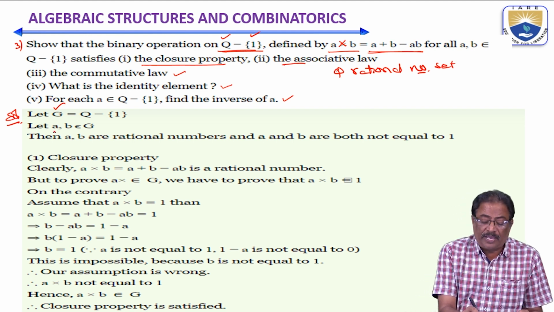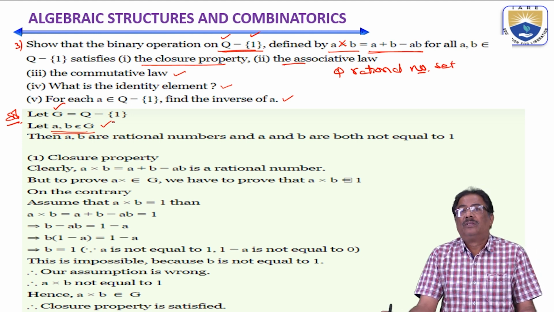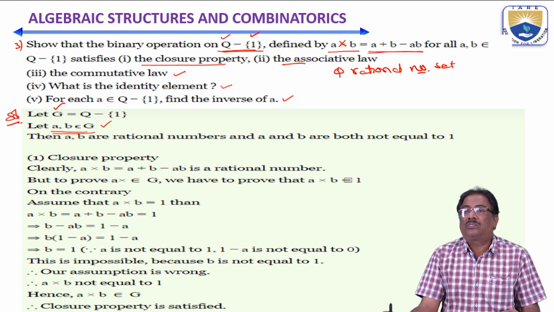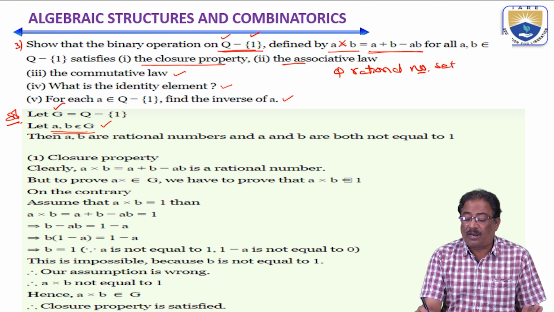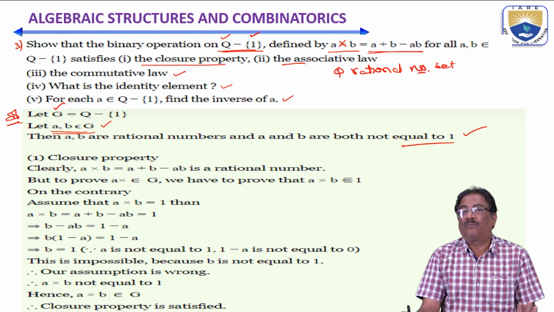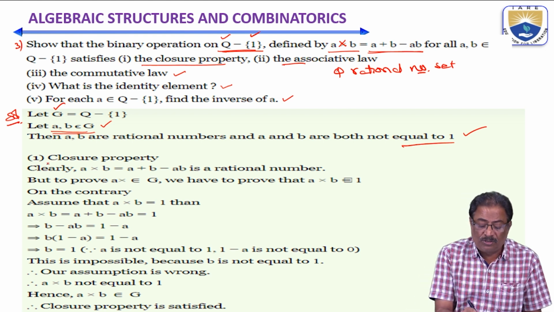Then I take a and b belonging to G, two elements. Definitely a and b are two rational numbers, and both are not equal to 1, because G does not contain 1.